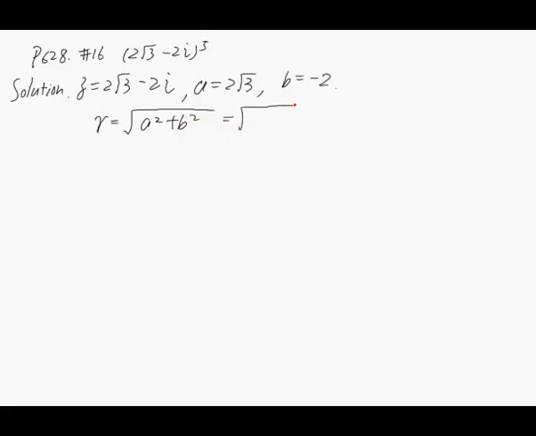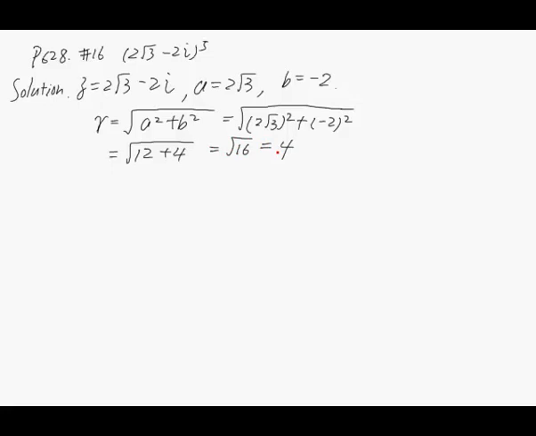And this is equal to the square root of the sum of the square of 2 times root of 3 and the square of negative 2. Now the square of 2 is 4, the square of root of 3 is 3, 3 times 4, you have 12. And the square of negative 2, you got 4. So you get the square root of 16, and this is equal to 4.